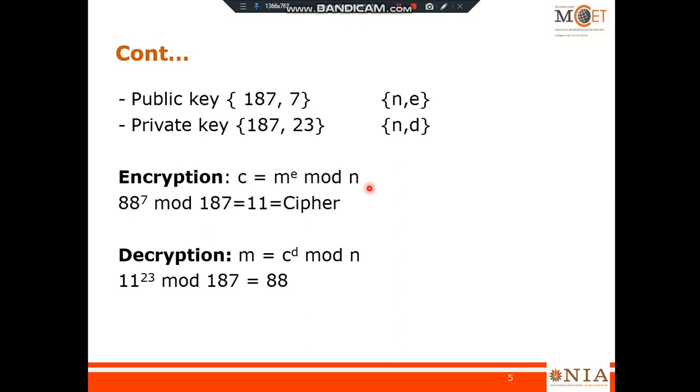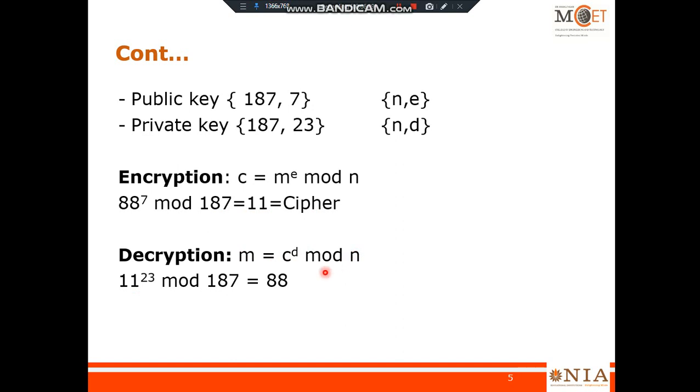In this question, your message is 88. 88 to the power E, which is 7, so 88 to the power 7 mod 187. Once you calculate and take the mod value, you will have 11. So 11 is the ciphertext. To perform decryption, you have the equation: message, that is your actual plain text, is equal to C power D mod n.